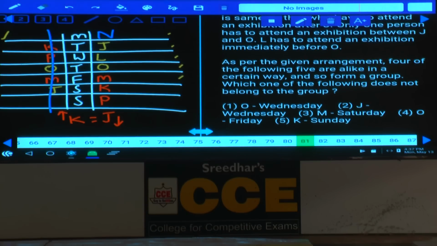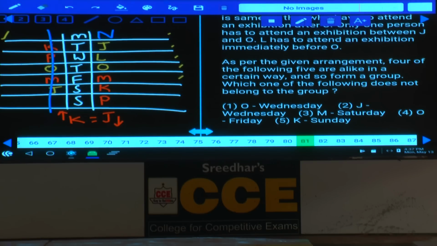As per the given arrangement, 4 out of the following are alike, and one is an odd man out. O Wednesday means O is immediately after Wednesday, and J Wednesday, and between J and Wednesday there is exactly 1 person. M Saturday, between M and Saturday there is exactly 1 person. O Friday, and O is immediately after Friday. And K Sunday, K is on Sunday. Tell me what is your answer here?